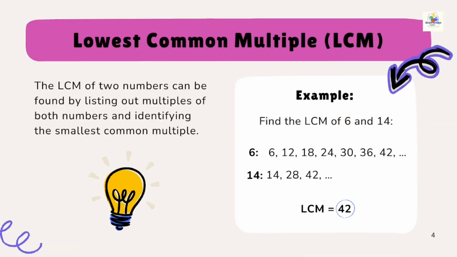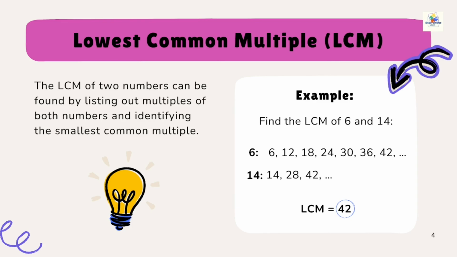Now let's move to lowest common multiple, which is also known as LCM. The LCM of two numbers can be found by listing out multiples of both numbers and identifying the smallest common multiple.